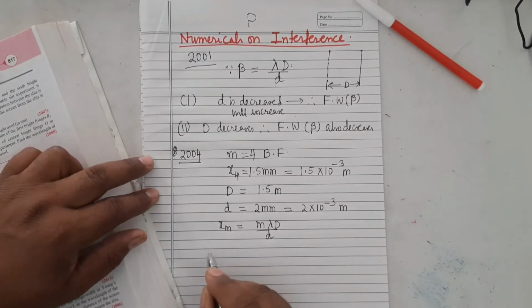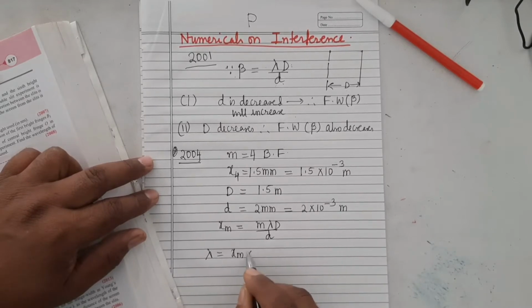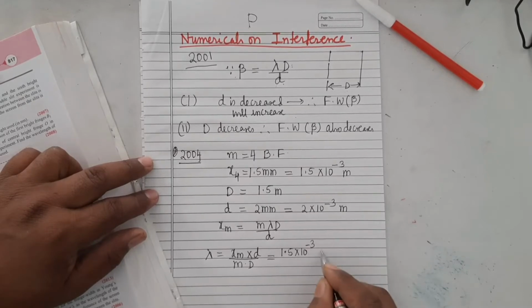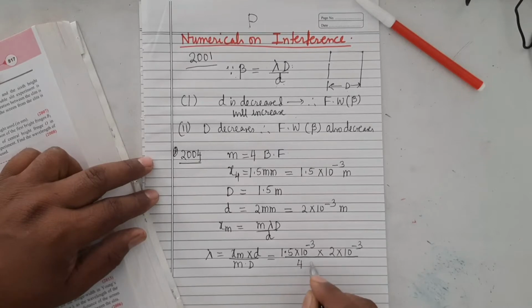You substitute: lambda equals Xm into d upon m into capital D. Xm is 1.5 into 10 to the power minus 3. Small d is 2 into 10 to the power minus 3. m is given as 4 and capital D is 1.5.